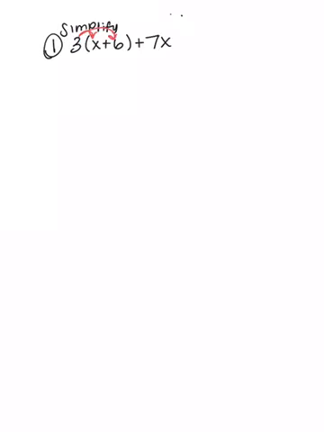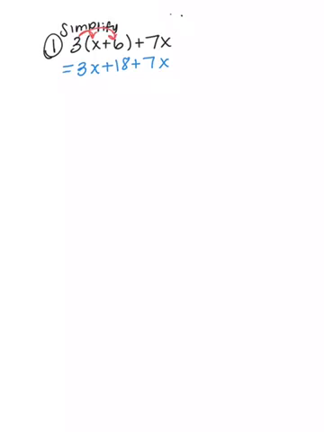Notice that I only distributed it to the 2 terms that were inside of the parenthesis. So when I distribute, 3 times x is going to give me 3x, and 3 times 6 is going to give me positive 18. And then I still have this 7x on the end that's coming with me.